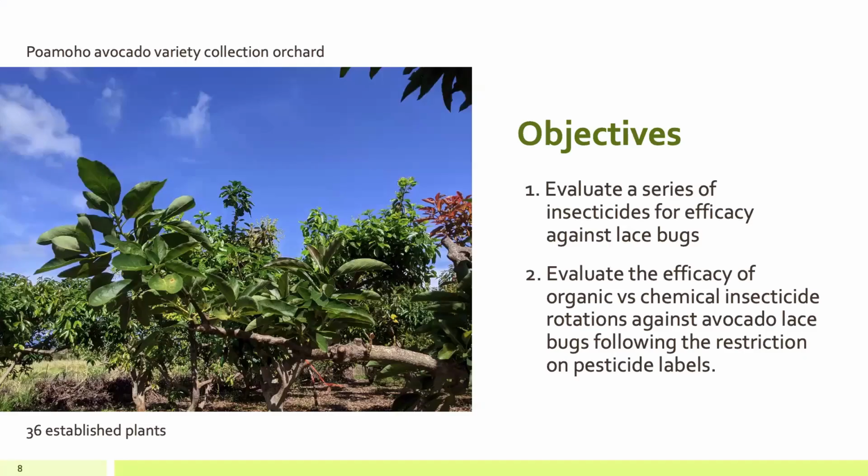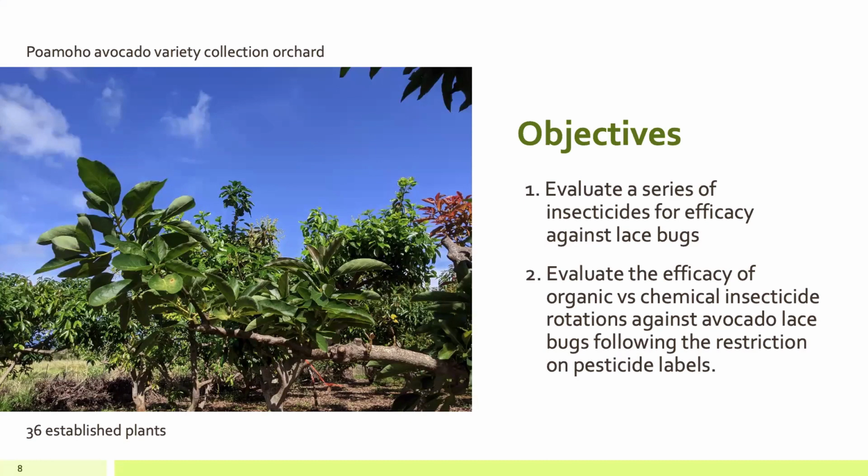So the main objective of our project was to evaluate a series of different insecticides, both organic and conventional products, and their efficacy on the control of avocado lace bugs in Hawaii.